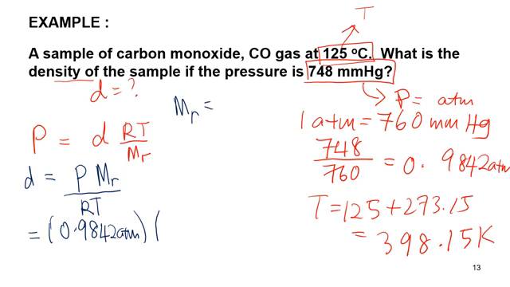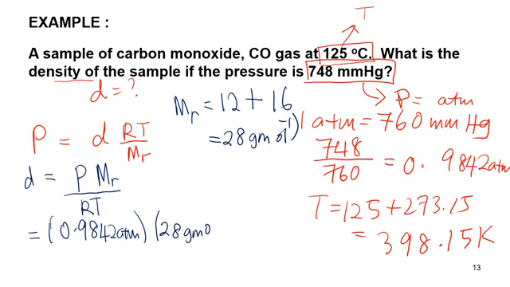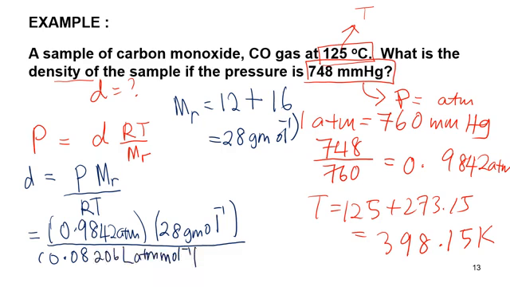Molar mass of CO sama dengan 12 for carbon and 16 for the oxygen. So, dapat berapa kat situ? 28 gram per mole. Okay, so masuk dalam formula awak. 28 gram per mole, molar mass of the carbon monoxide, dibahagikan dengan R constant value awak 0.08206 liter atm per mole per Kelvin. Okay. And then multiply by temperature 398.15 Kelvin.